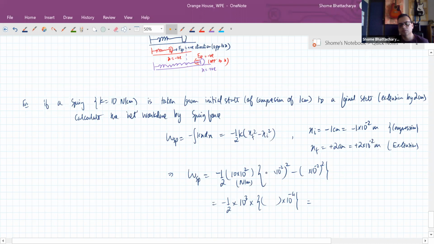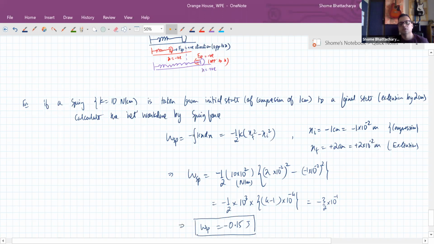So this will become 2 into 10 raised power minus 2 whole square minus 1 into 10 raised power minus 2 whole square. This becomes 4 minus 1. So this will become minus 3 by 2 into 10 raised power minus 1. This is the work done by the spring in this particular case.